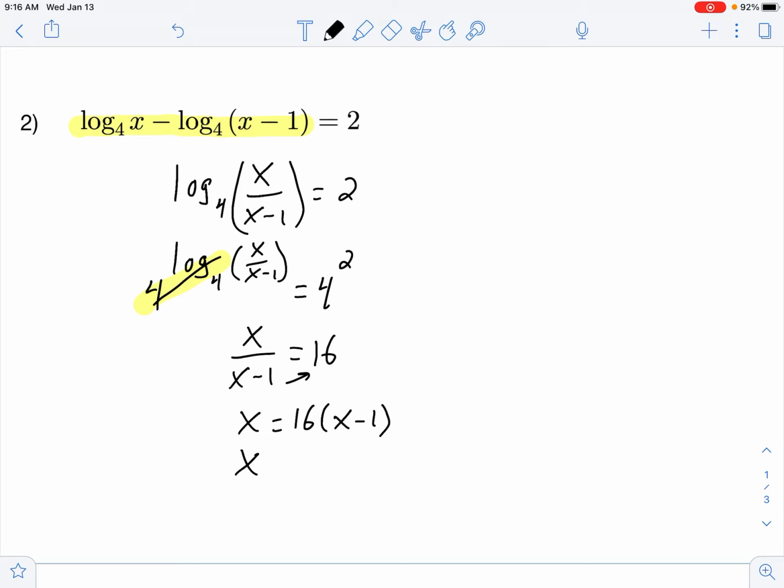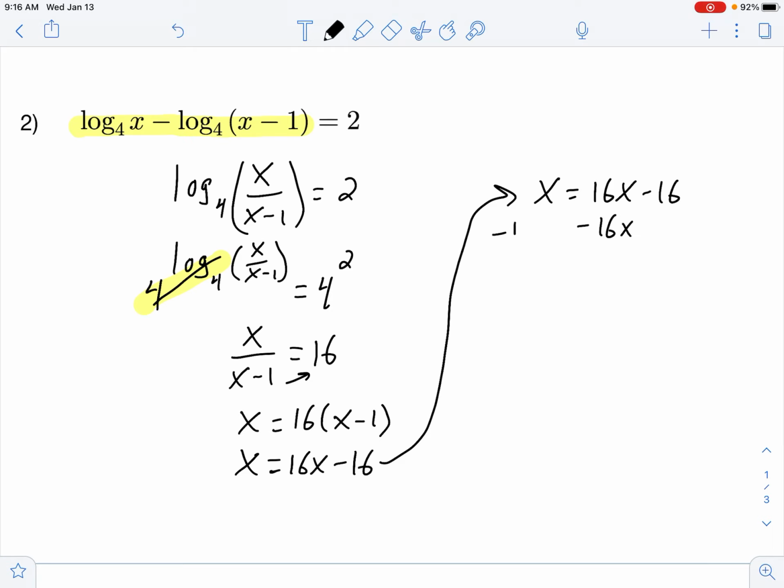And then, of course, distributive property. So x is equal to 16x minus 16. And then I'm just going to bring this up here just for some room. I want to get the x's by itself, so I'm going to subtract 16x from both sides.